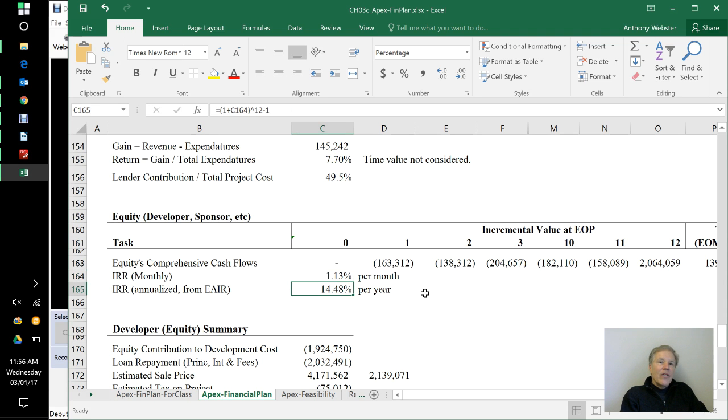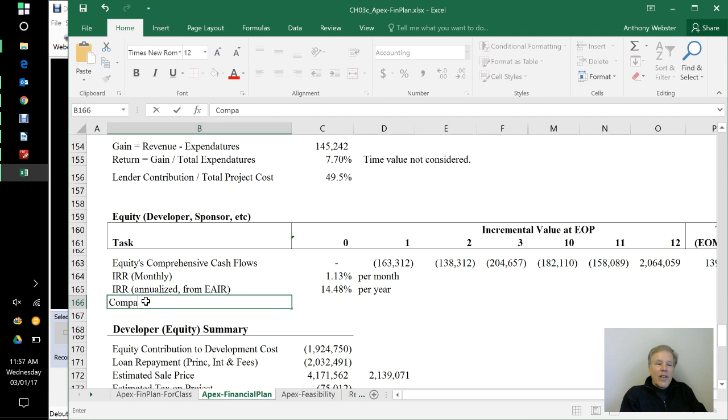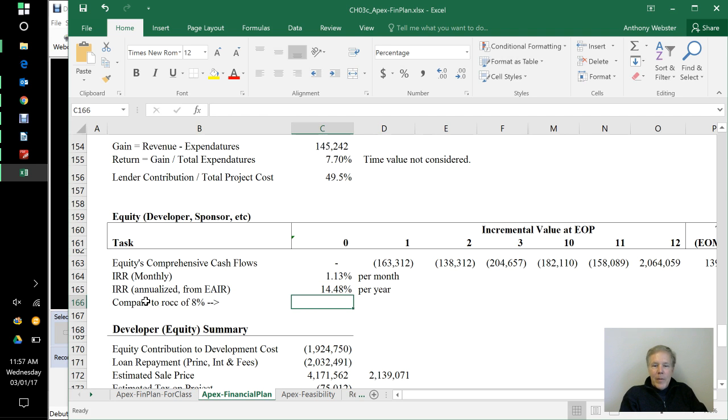But we need to use the EAIR formula to morph that into an annual internal rate of return, which is 14.48%, which is pretty good here. So now I can just say here, compare to ROCC of 8%, and what does that mean? It means go for it.